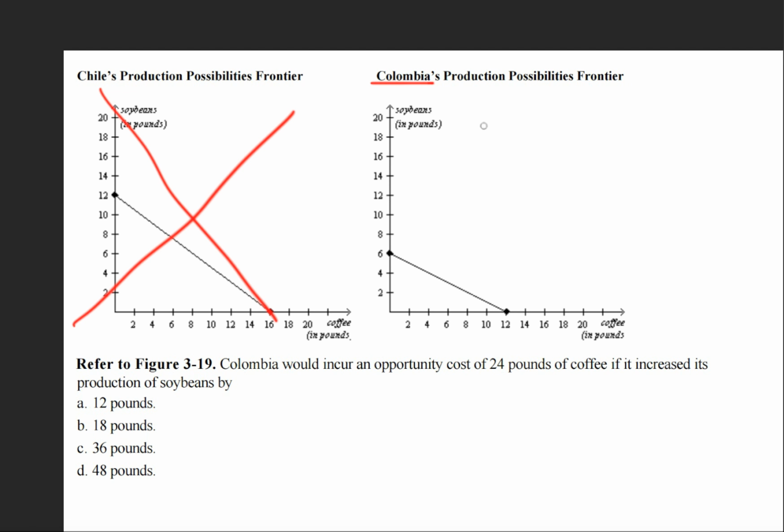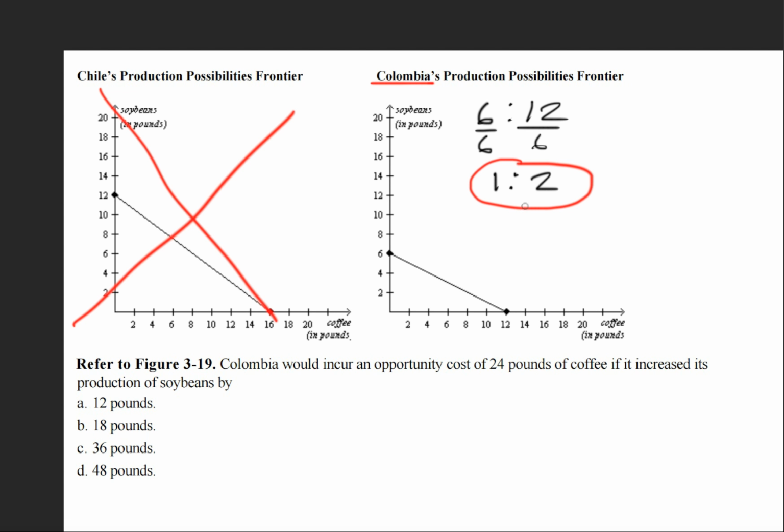So what we do is we find out the opportunity costs and we can relate it by doing these ratios right here. So what we're going to do, divide 6 on both sides, and we get a 1-to-2 ratio. Now perhaps I'm going to circle this in red because now there are two ways of thinking about this.